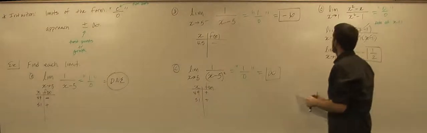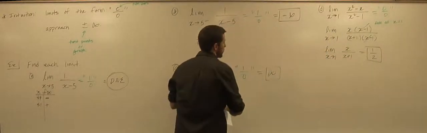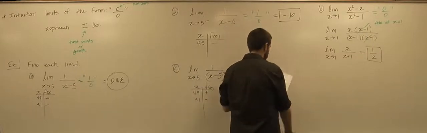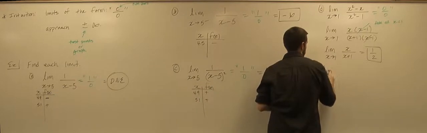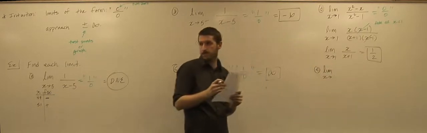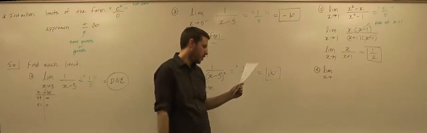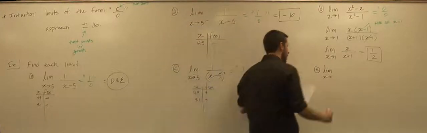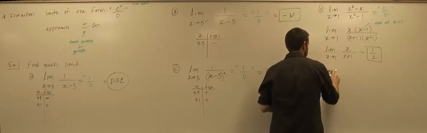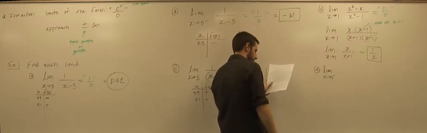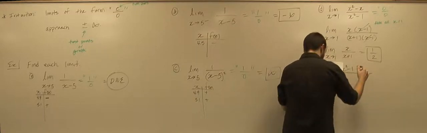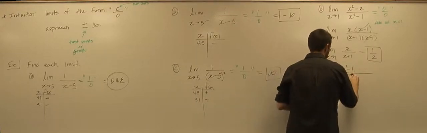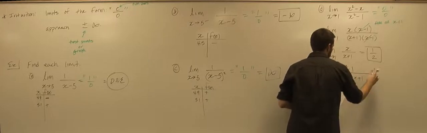Let me give you a similar example. What about the limit as x goes to 1 from the negative side of x squared minus 1 over x squared minus 2x plus 1?